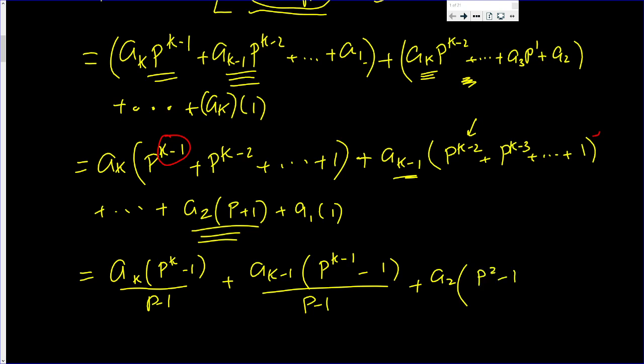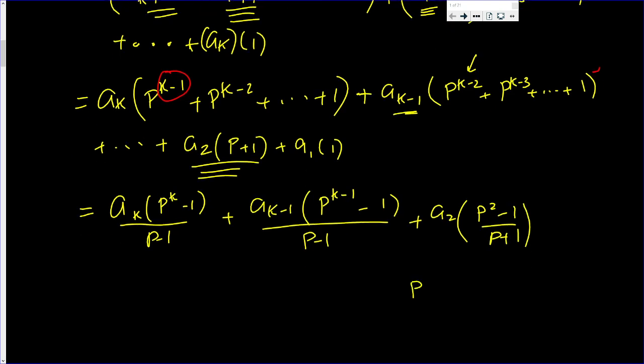So it's p squared minus 1 over p minus 1. And if you don't believe that last one, the numerator factors as such, and the denominator, like all the others, says p minus 1. The p minus 1's cancel, and I get p plus 1.